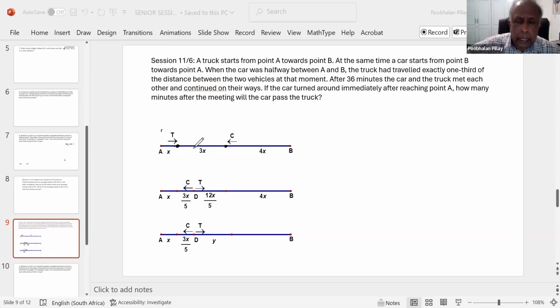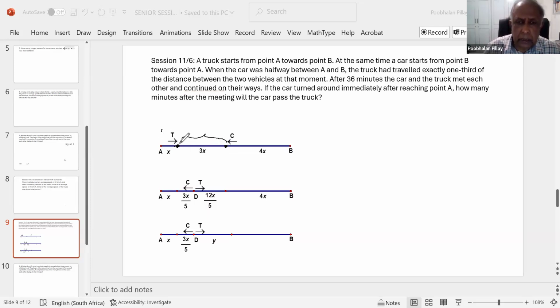The distance between the two vehicles is that. I could have called this x and called this x/3, which is 1/3. The truck has traveled 1/3 of this distance here.